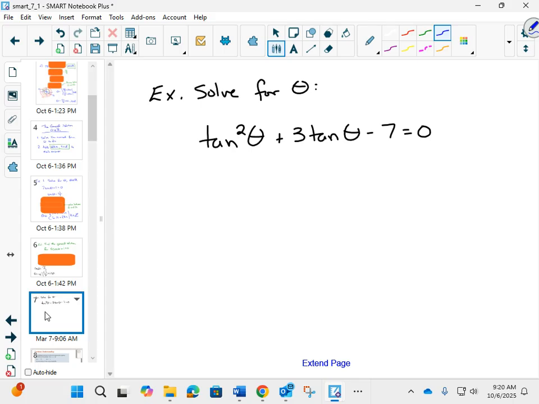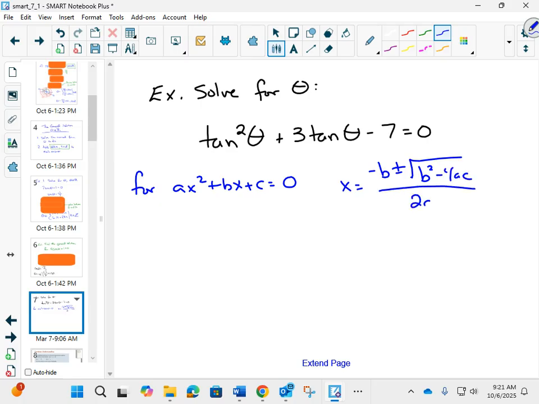If something cannot be factored, then on your formula sheet, you have, and it says for ax squared plus bx plus c equals 0, your quadratic formula is negative b plus or minus the square root of b squared minus 4ac all over 2a.